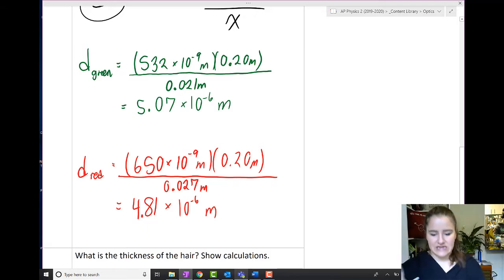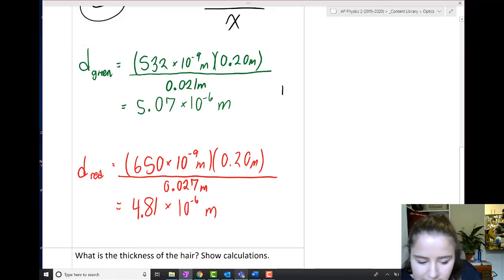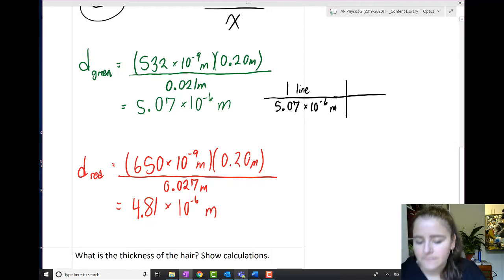So we know that for every 1 line, there is a space between it of 5.07 times 10 to the negative 6 meters. Okay, so 1 line and then a space of that many meters.